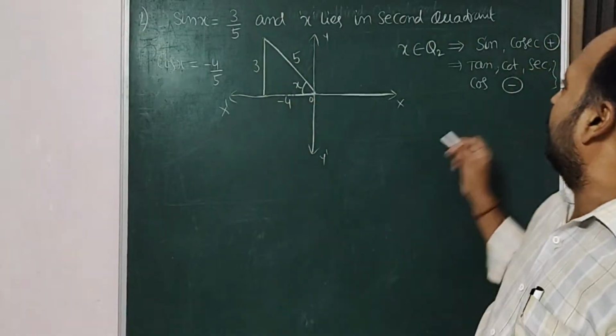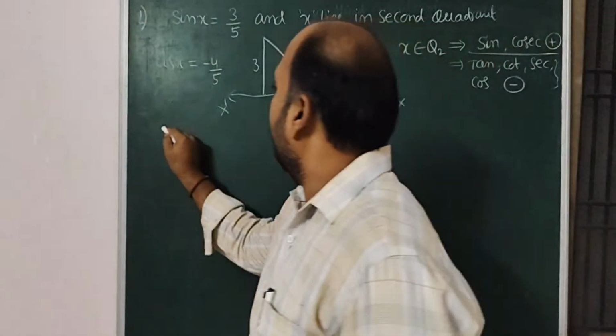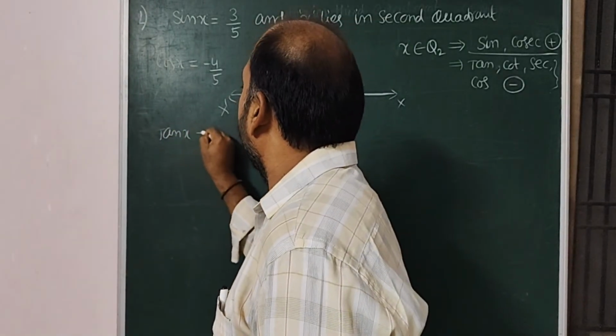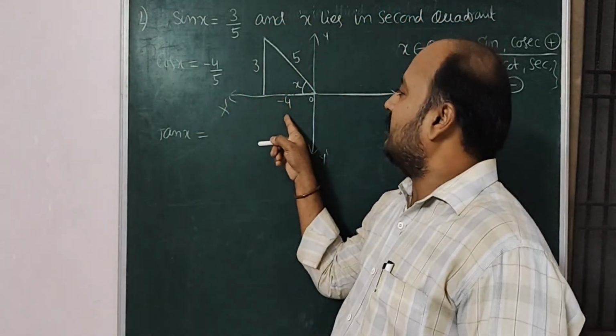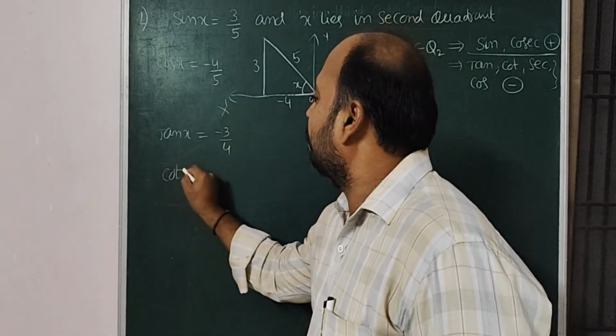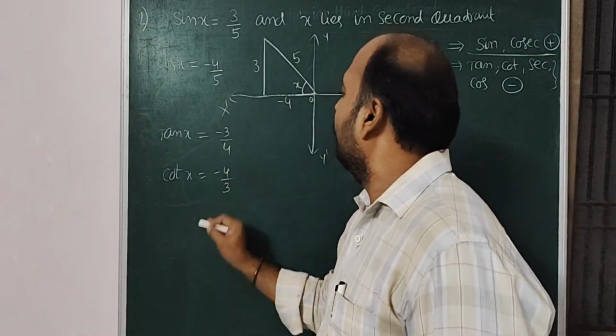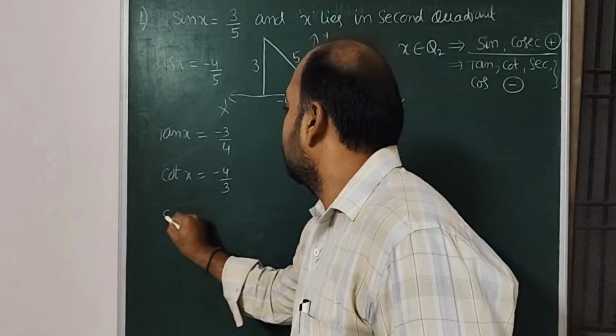In the second quadrant, I already mentioned what is positive and what is negative. Next, tan x is opposite by adjacent side, so minus 3 by 4. Next, cot x is adjacent side by opposite side, minus 4 by 3. Next, secant x.